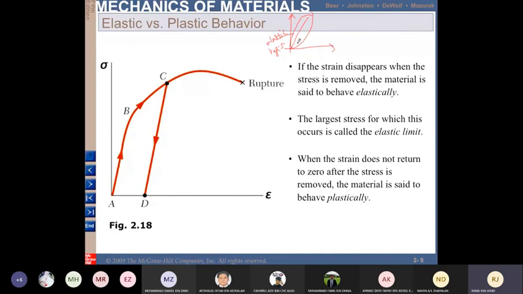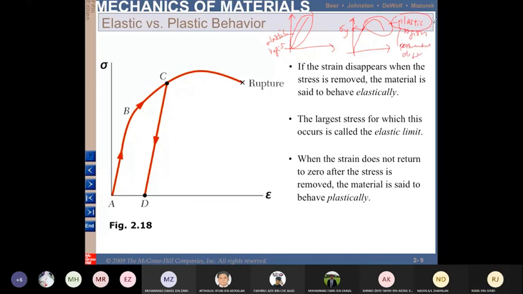When you have a material which is elastic, the stress strain curve will make a curve like this. So this region, when it passes through the yield point, is known as plastic. Plastic region means permanent deformation.